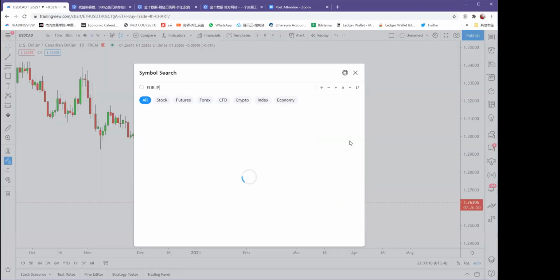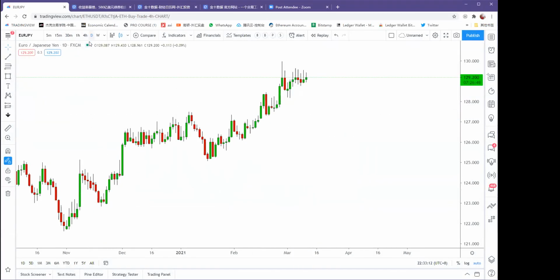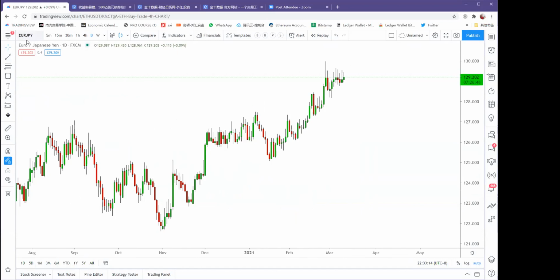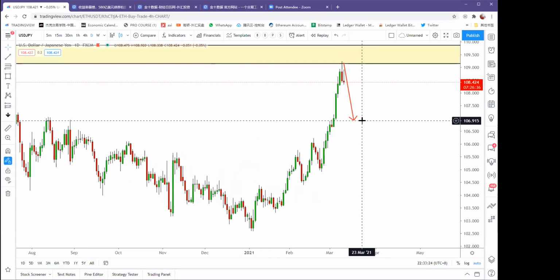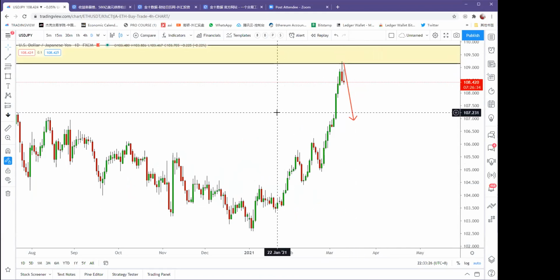Euro yen. Okay. If you want to trade euro yen, you have to look separately at the euro dollar and dollar yen. So dollar yen, we think the dollar yen will go down to 107. The dollar yen is bearish.